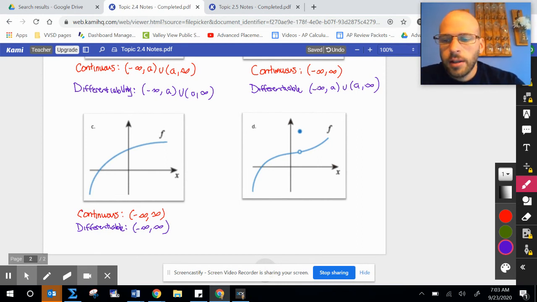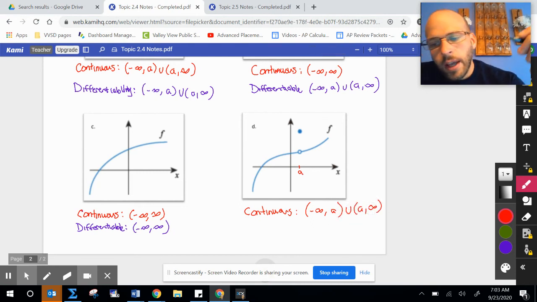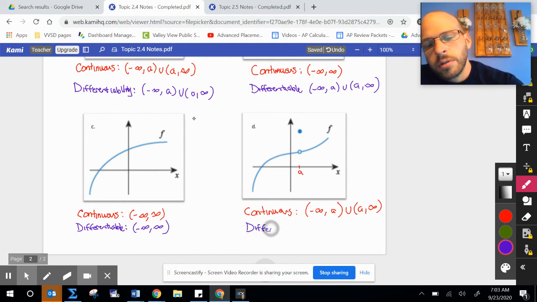Okay. Last but not least, I have it's continuous. We're going to say that this is at a, from negative infinity to a, union a to infinity. And then we're going to say that it's differentiable over that same interval. Okay.